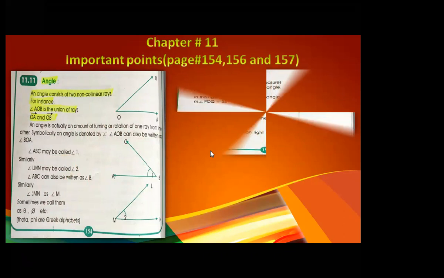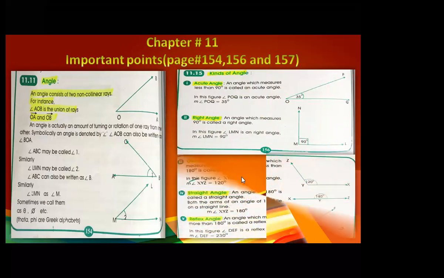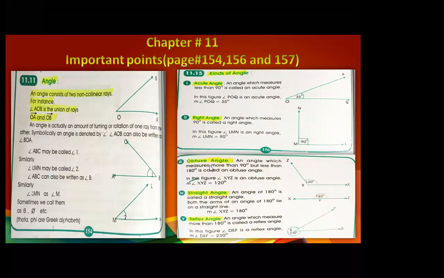Then on page 156, you have different kinds of angles, acute angle and right angle, and on page 157, obtuse, straight and reflex. There is no definition of complete angle in your book, but you have to write it down. Kindly highlight these points in your book.